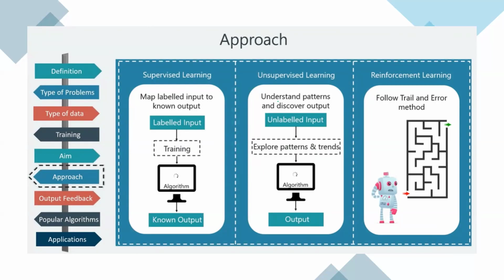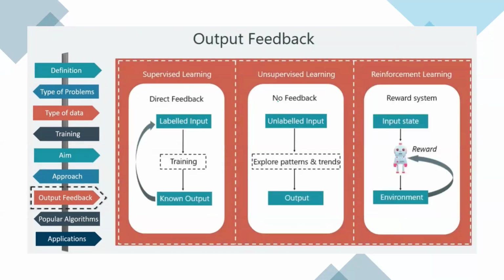In unsupervised learning, you will feed unlabeled data. What that algorithm will do, it explores patterns in the data and it will give that output. Reinforcement learning is like trial and error. Do a trial. If that is success, go forward. If it is an error, come back and do it the other way. Okay. So that is what it is.